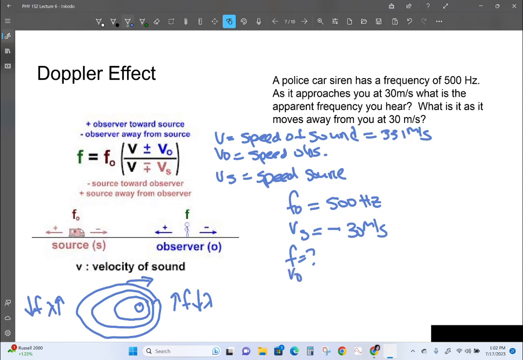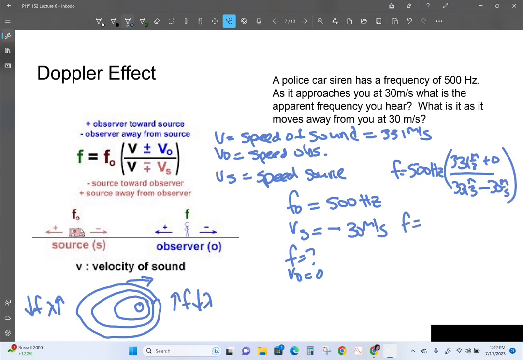Well, you're just standing there, so your velocity is 0. If I plug this in, it's going to be 500 hertz times the speed of sound, 331 meters per second, plus 0 because you don't have any speed, and then 331 meters per second minus 30 meters per second.